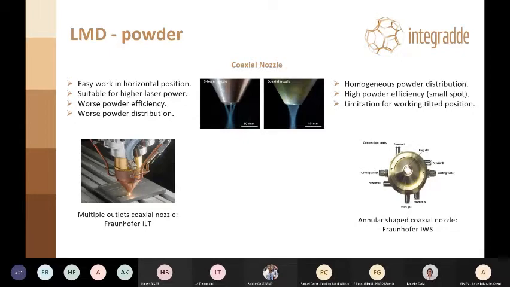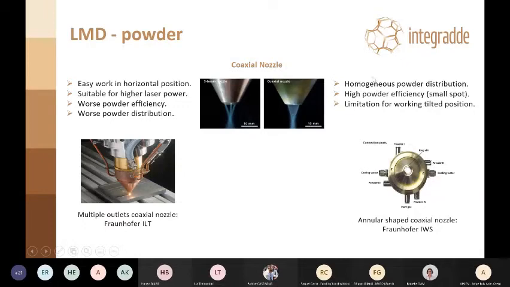In this case with the LMD powder, the main feed direction is coaxial. Here you can see two different coaxial nozzles. The first one consists of 3 powder beams that converge in the same point, and this is a coaxial nozzle where you are producing a conical powder flow.